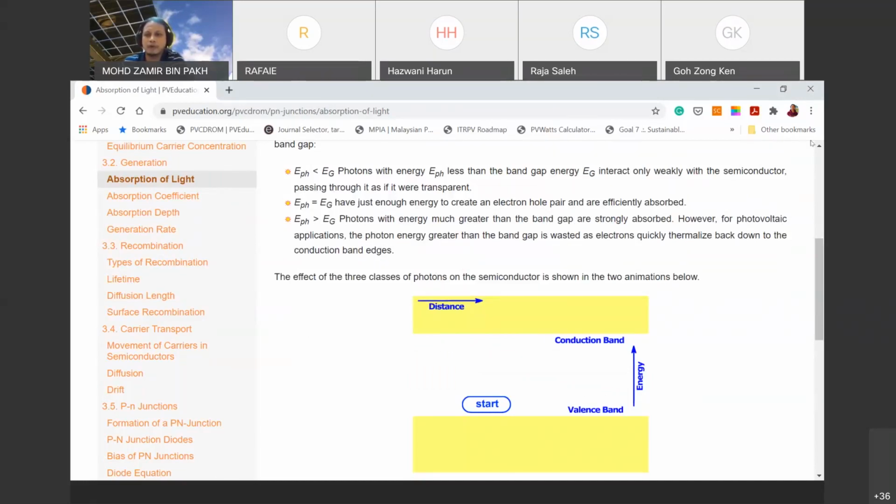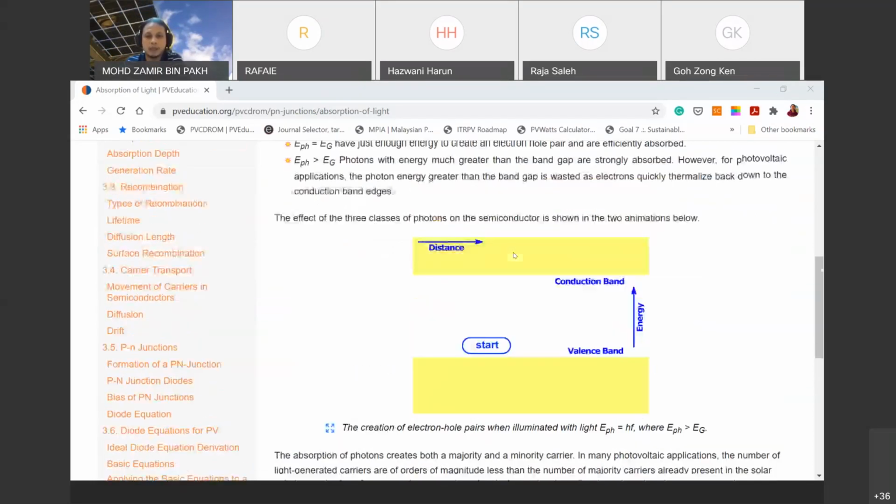So what will happen when you have photon energy greater than the band gap energy? There will still be light absorption, which means you're going to get generation of electron hole pairs as well. But the energy that you have is more than what you need to excite the valence electrons, so the excited electron will be excited further up into the conduction band instead of just at the band edge. Then it will quickly thermalize back to the conduction band edge due to the thermalization effect, right?